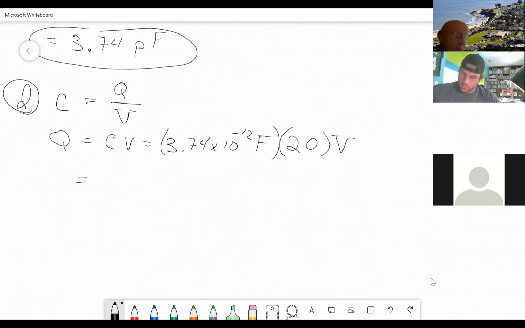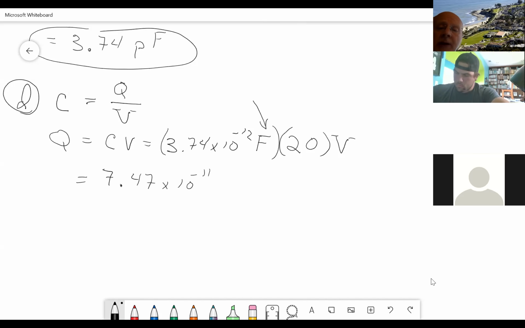That number is still in my calculator, so I'll just go times 20, and that would be 7.47 times 10 to the negative 11.